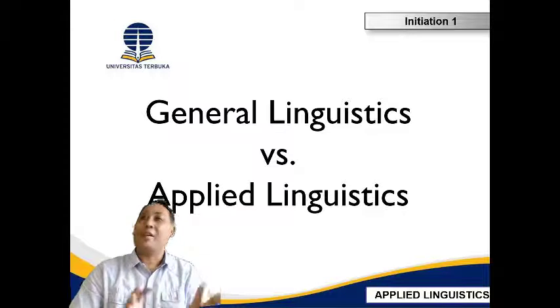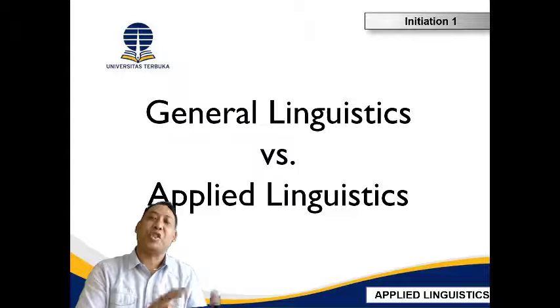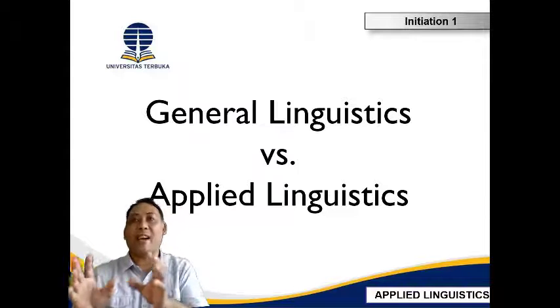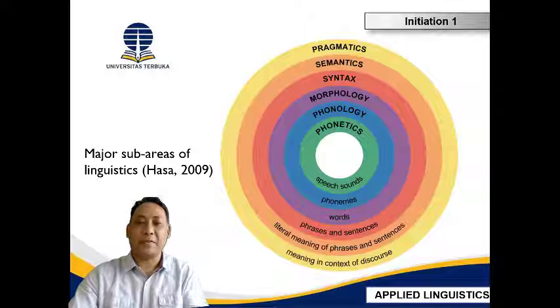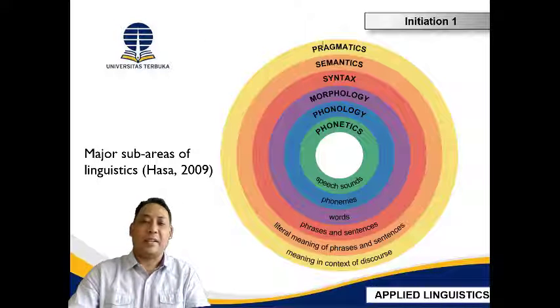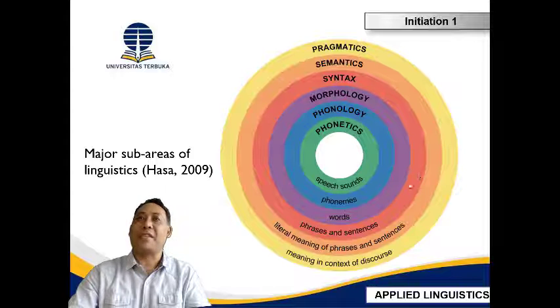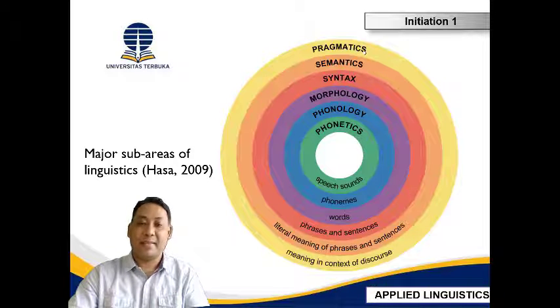Now we would like to have a look at the difference between general linguistics and applied linguistics. Here, from this chart, we can see the area of the basic knowledge of linguistics, which consists of phonetics, phonology, morphology, syntax, semantics, pragmatics.